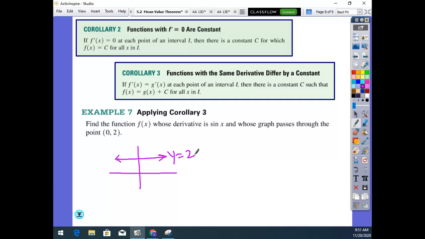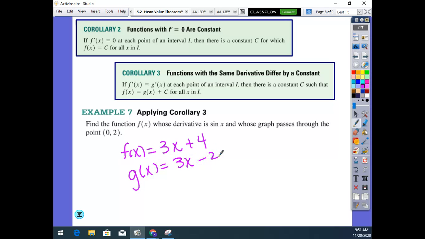So it's saying if two derivatives equal each other, their original functions must only differ by a constant. Let me just show you, for instance. Say that I have a function f of x equals 3x plus 4 and a function g of x equals 3x minus 2.